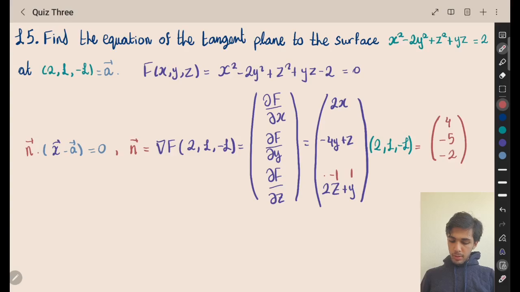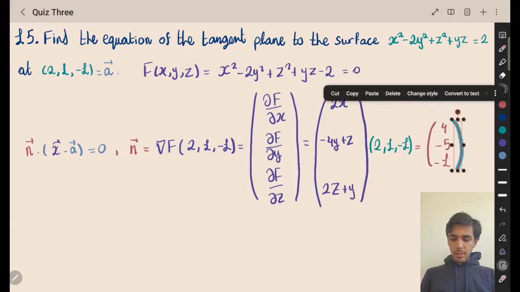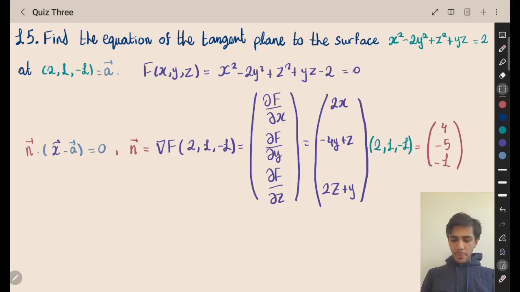I already made a mistake. So z is -1, y is 1. That's -1. 2 minus 1 plus 1 is 1. Anyway, so regardless of my basic arithmetic incompetency, let us proceed.